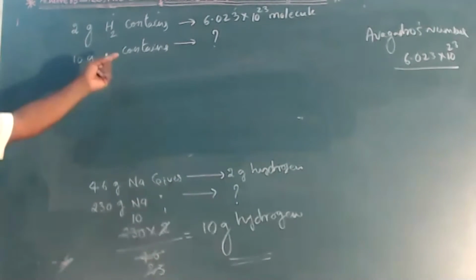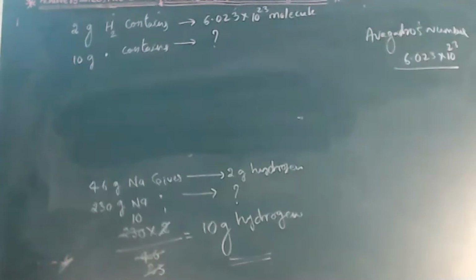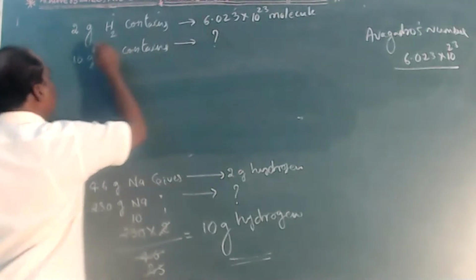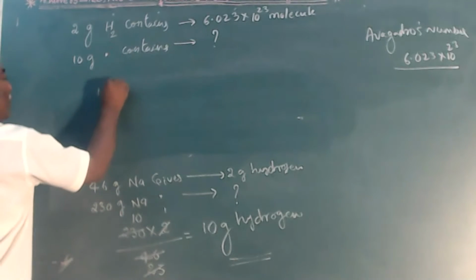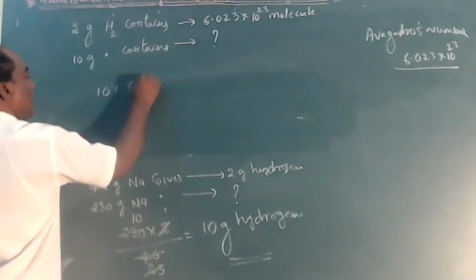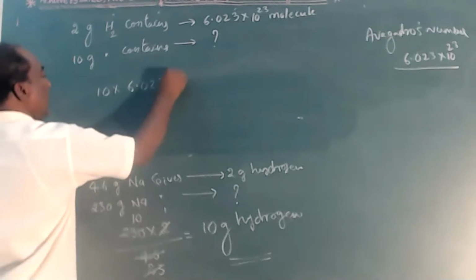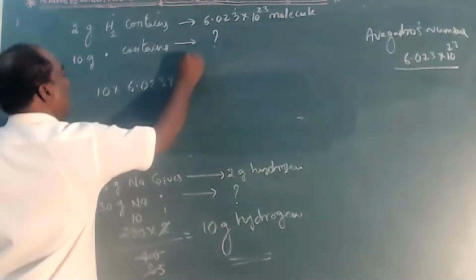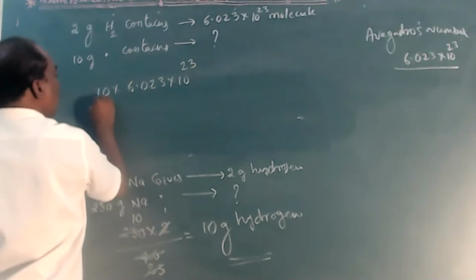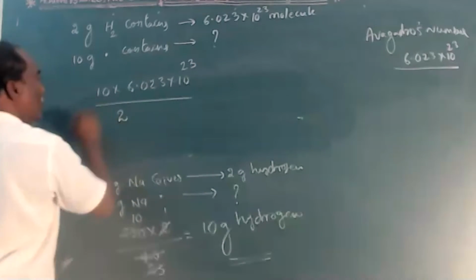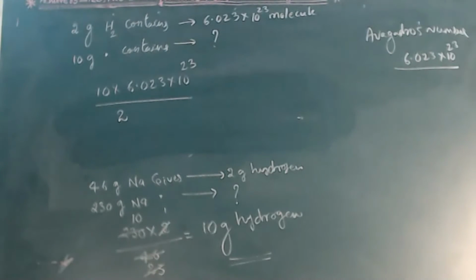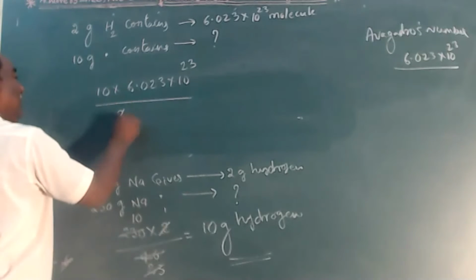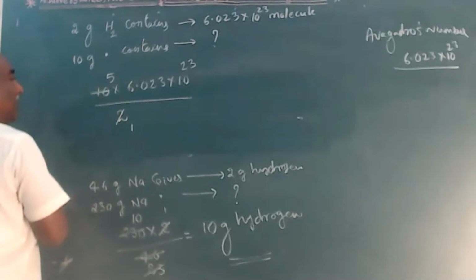Then 10 grams of hydrogen contains how many? Do the cross multiplication: 10 into 6.023 into 10 to the power of 23 by 2. Here 2 ones are 2, 5 twos are 10.